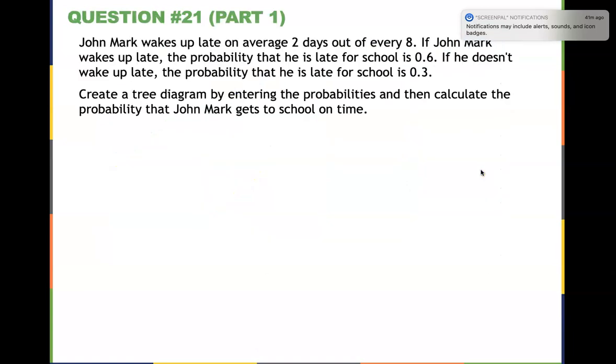John Mark wakes up late on average 2 days out of every 8. If John Mark wakes up late, the probability that he is late for school is 0.6. If he doesn't wake up late, the probability that he is late for school is 0.3. Create a tree diagram by entering the probabilities and then calculate the probability that John Mark gets to school on time.